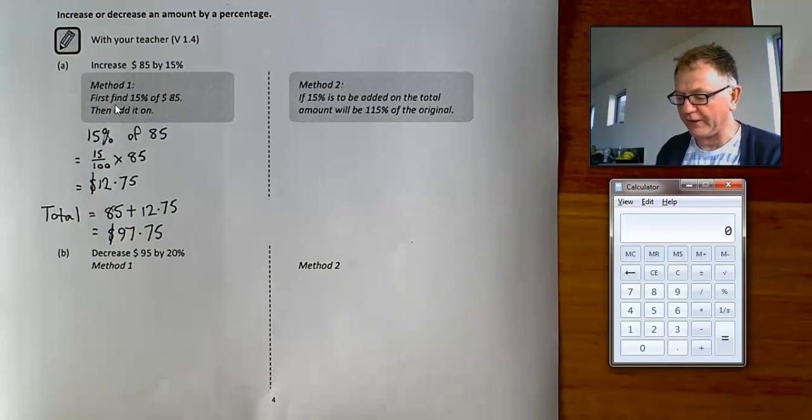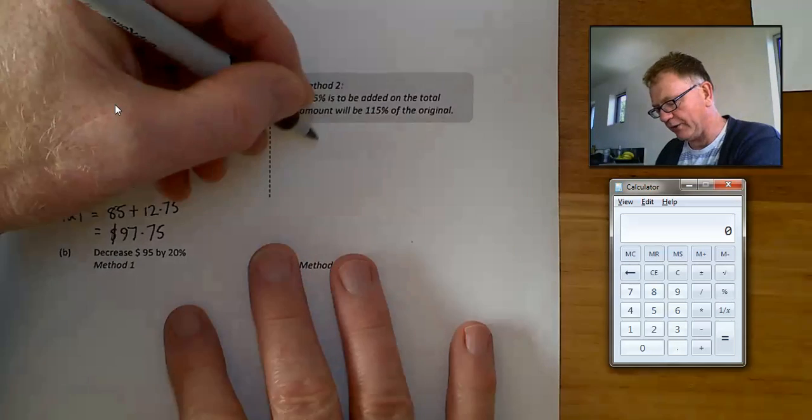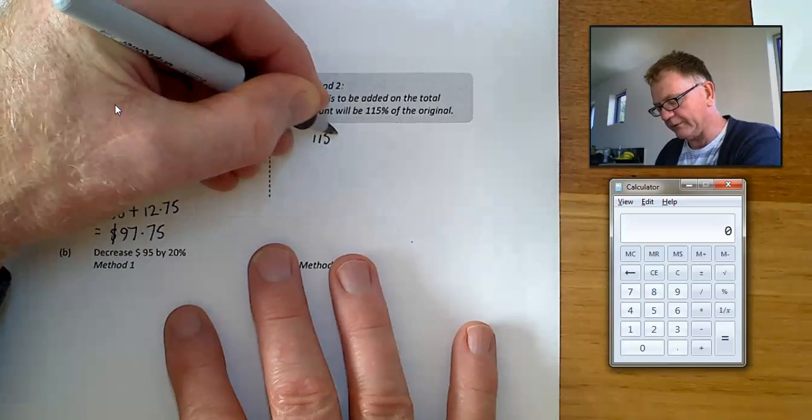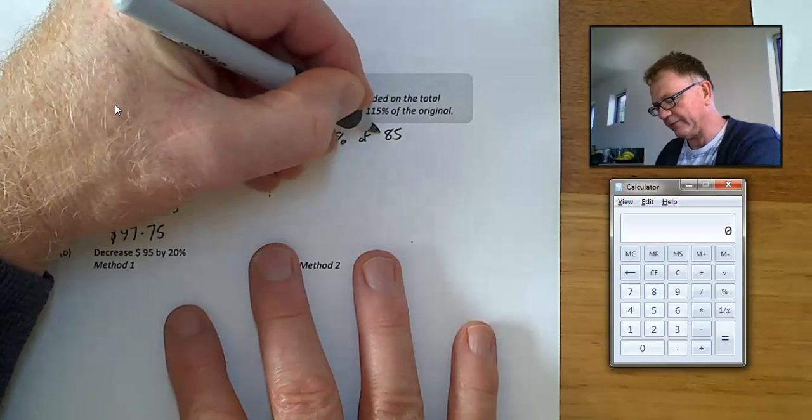An alternative way to do the same thing is to, rather than work out 15% and add it on, we could say, well, $85 is 100% of $85. If we want 15% more, we're not going to have 100%, we're going to end up having 115%. So rather than work out 15% and add it on, we could just work out what 115% of $85 is.